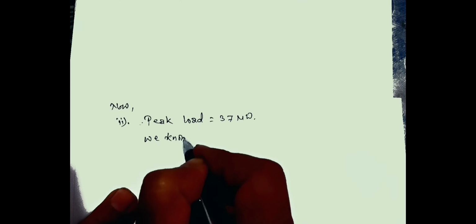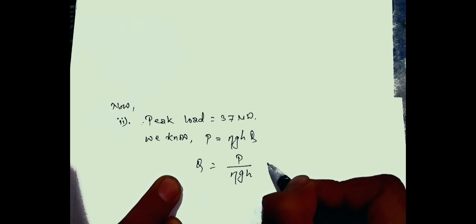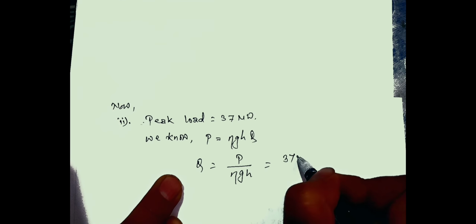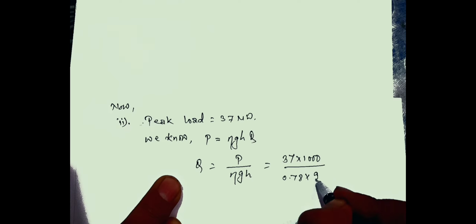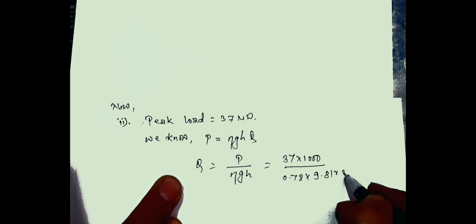Now solving for question number 2, where the given peak load equals 37 megawatt. We know P equals rho G H Q, where Q is equal to P divided by efficiency, G and H. P means 37 megawatt converted into kilowatt, divided by efficiency 0.78, G equals 9.81 and H equals 28.